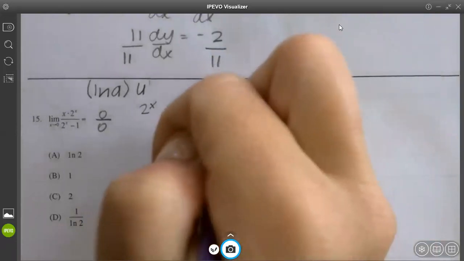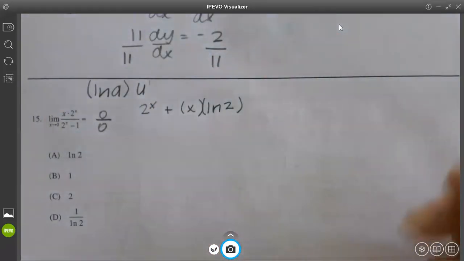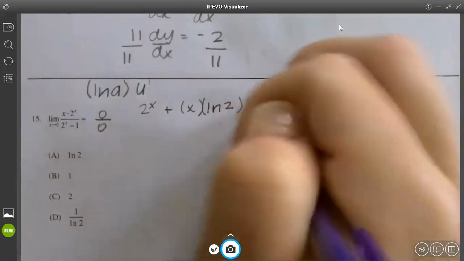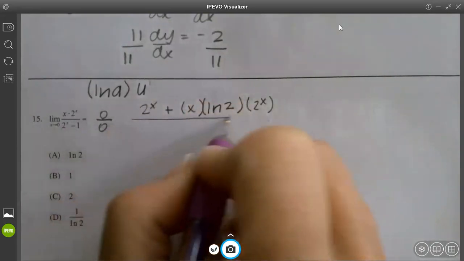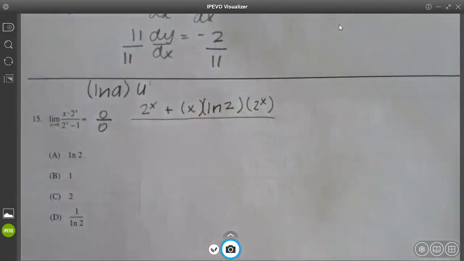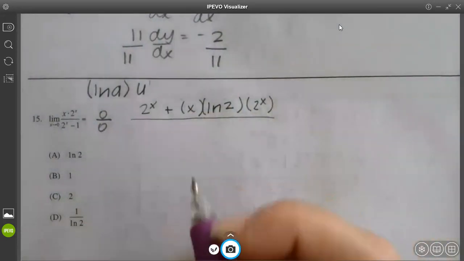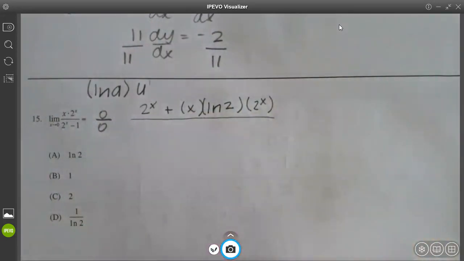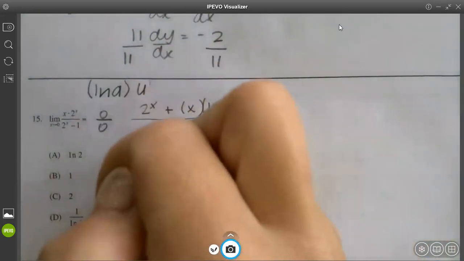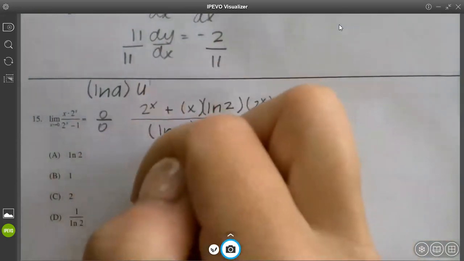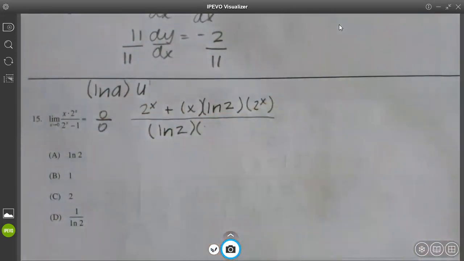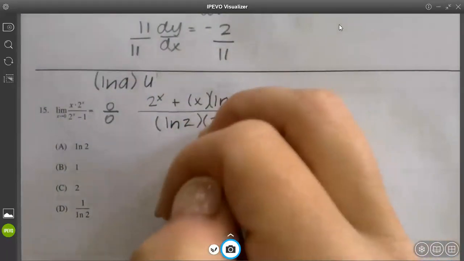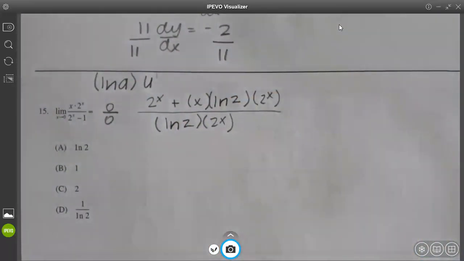That's one that you guys need to study. So ln 2 times your 2 to the x. On the bottom, now that you know that, what are you going to have? Times the same thing as the top. The 1 will go away.